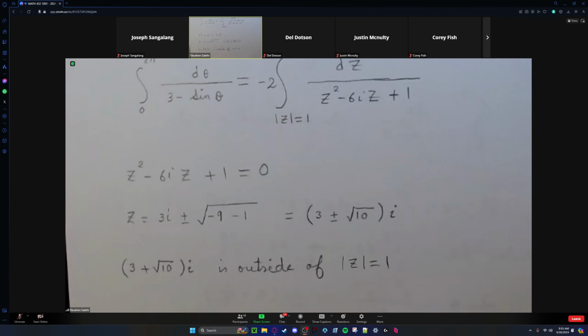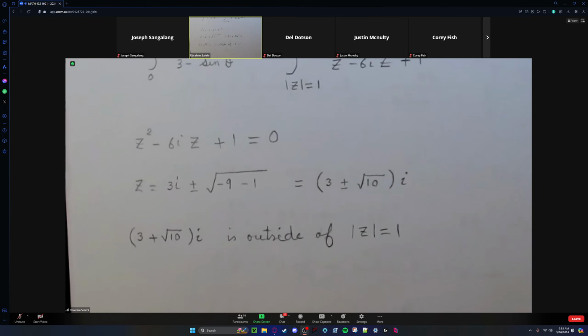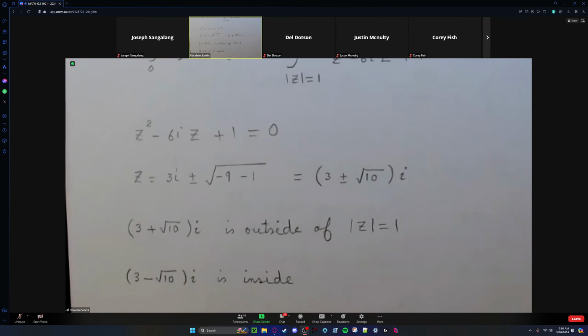But the other one is inside. 3 minus the square root of 10, times i, is inside. It's important to know which one is inside and which one is outside. There are only 2 of them.